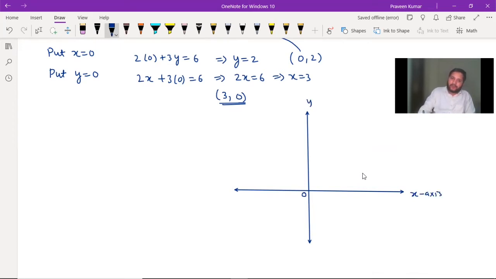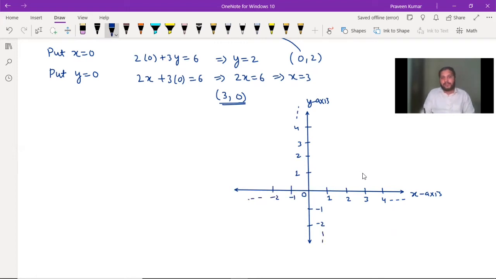This is the y axis. They are mutually perpendicular to each other. 1, 2, 3, 4 and so on. This is 1, 2, 3, 4 and so on. This is -1, -2 and so on.